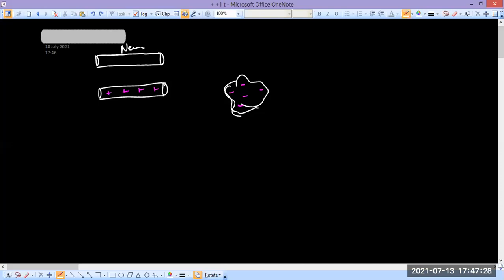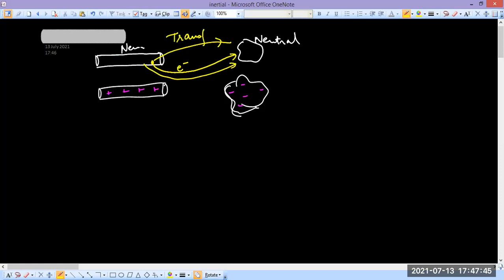So this would be neutral and this would be neutral. But then when you rub them against each other, what's going to happen? Some electrons will jump from this to this. Some electrons will jump, that is, they will be transferred. I was using jump just as an easy word. They will be transferred from this to this.